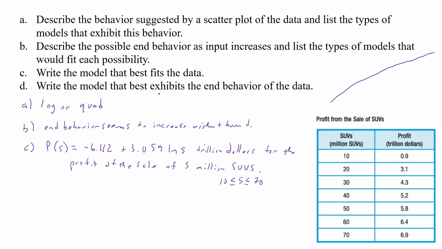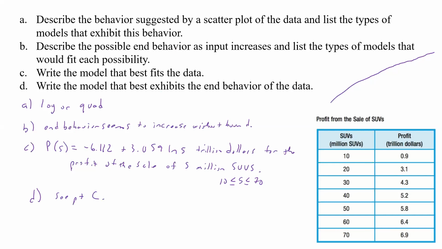Now it says write the model that best exhibits the end behavior of the data. Well, that's the same model, so I would say part C, because that was the model that fit. We tried both quadratic and the log was the one that fit the best and matched the end behavior, because we plotted them both. If the quadratic had given us the better fit of the data, we would have chosen it.